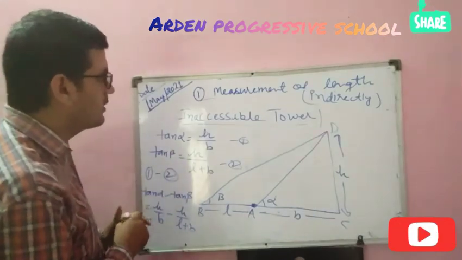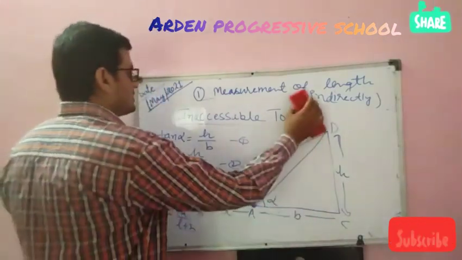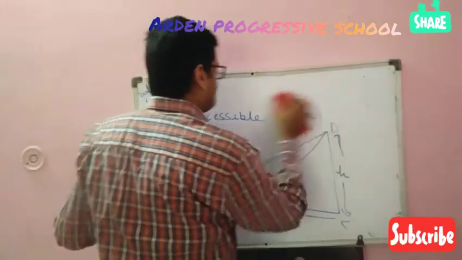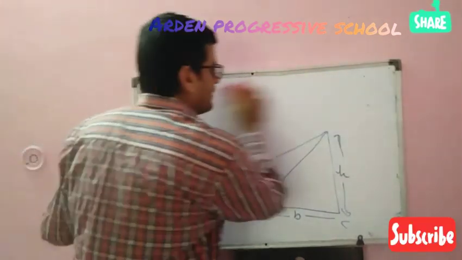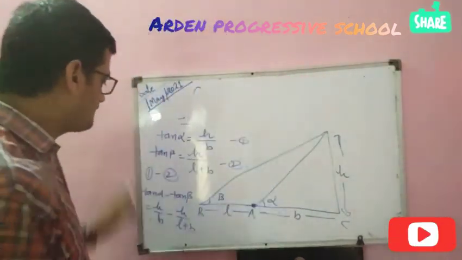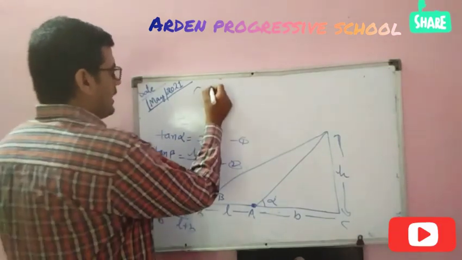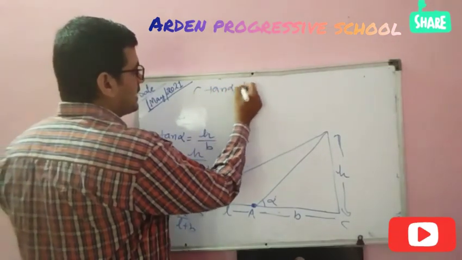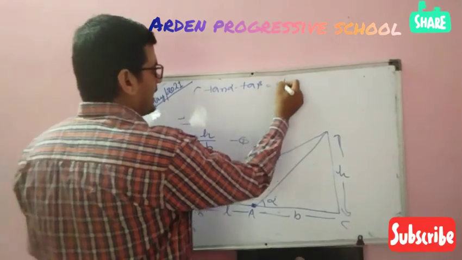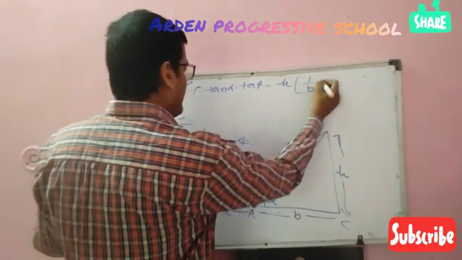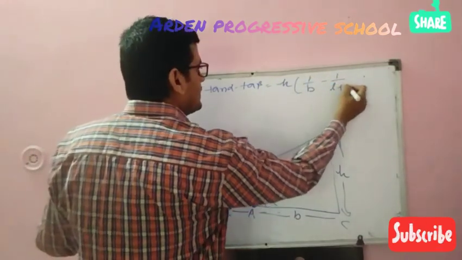So beta, I am erasing this. Now I have written tan alpha minus tan beta. Take h common: 1 upon b minus 1 upon L plus b.